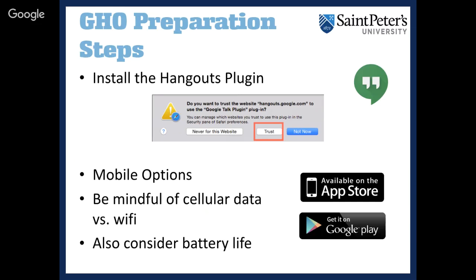If I do a Google Hangout for an hour, I'll go from 100 to about 3% in an hour. So make sure you have power. You don't want to get halfway through and all of a sudden I see people dropping because they run out of battery. Just something to keep in mind, something to remind your students. There are mobile options available both on Android, Google Play, and on the App Store.